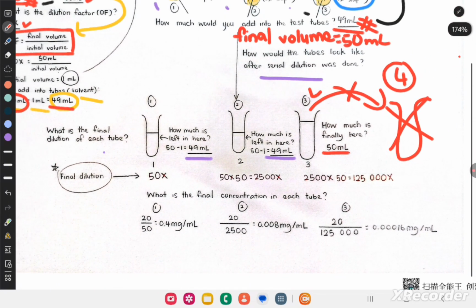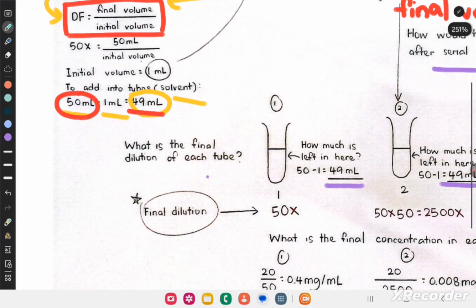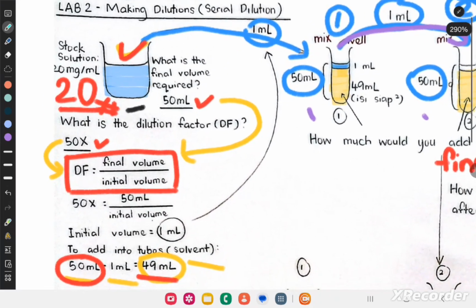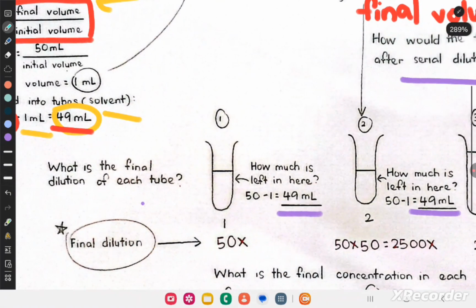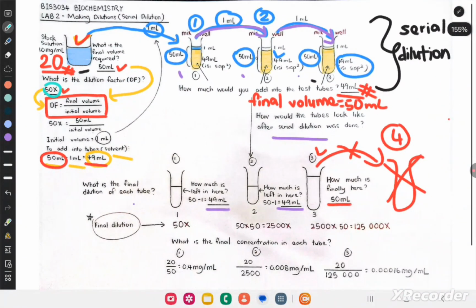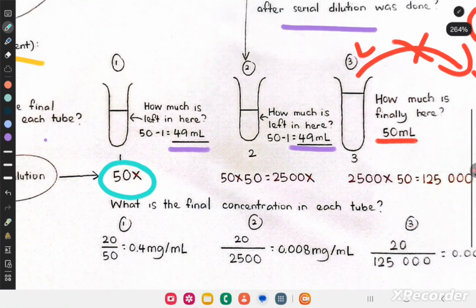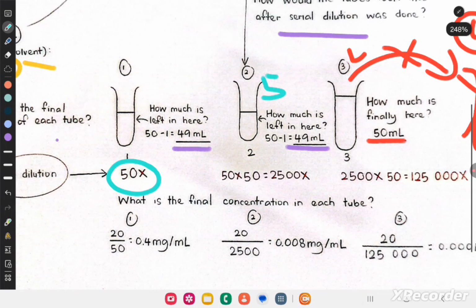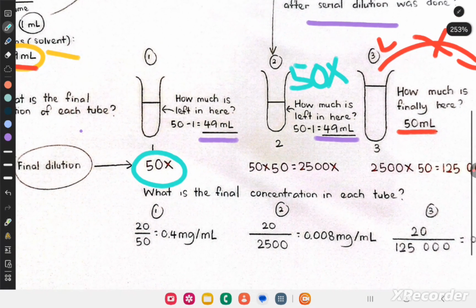So how about the final dilution? Just now we already said in the beginning that the dilution factor is 50. So the first test tube, obviously we have 50, and then the second test tube currently has 50, and you need to multiply again by 50.